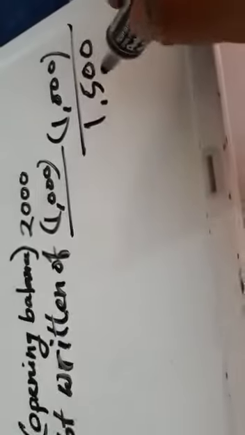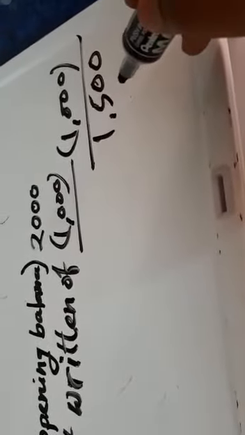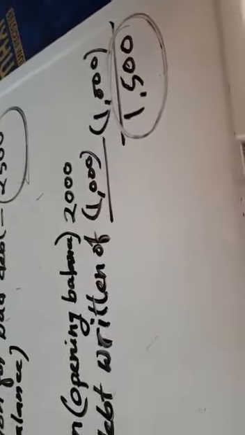If we minus it, we get 1,500. So this 1,500 is the final balance that will be shown in the comprehensive income statement. So this way only you can write.